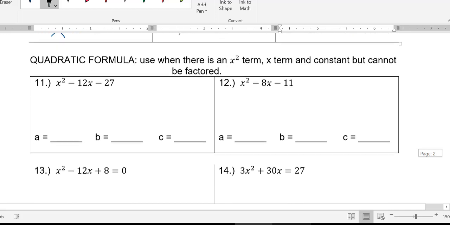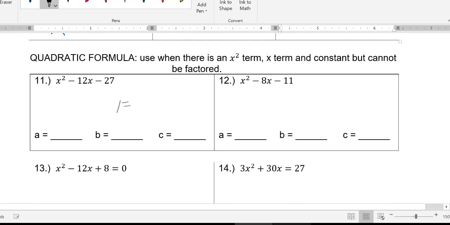So let me write out that formula. Negative b plus or minus the square root of b squared minus 4ac all over 2a. So I'm going to go ahead and pause the video, try these last 4 examples, and then compare those answers.